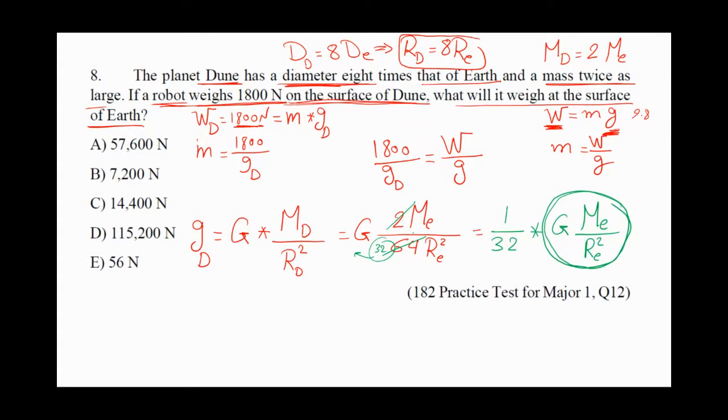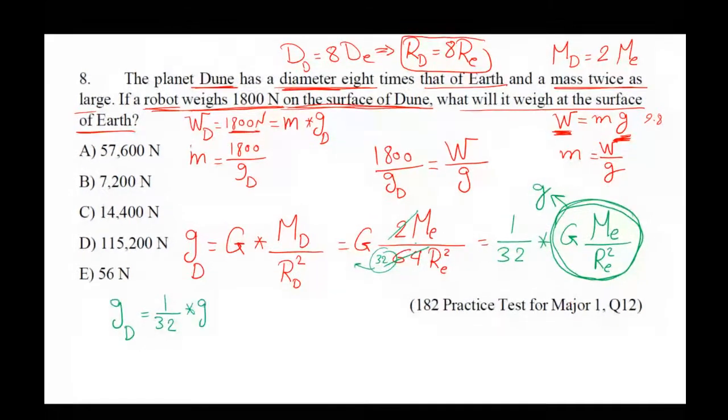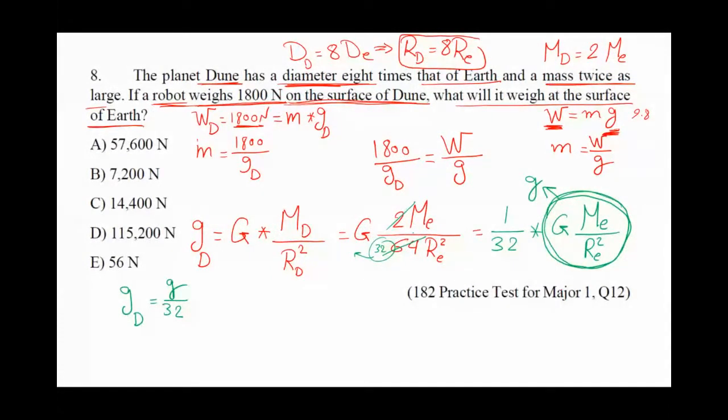This is the formula for our gravity, because this is the mass of Earth and this is the radius of Earth. So there is a relation between GD and our gravity: GD equals 1 over 32 times our G, or G over 32. Of course, you know that G is 9.8, so you can substitute if you want.